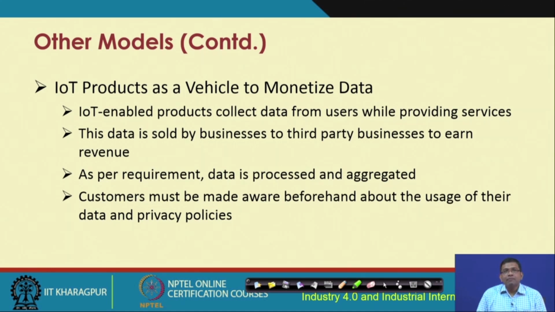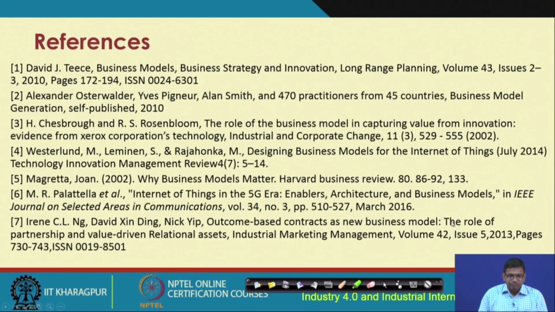As per the requirement, the data is processed and aggregated, and the customers will have to be made aware beforehand about the usage of their data and the privacy policies, if the business is adopting this kind of business model in the IoT world.